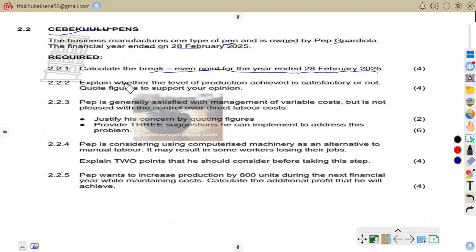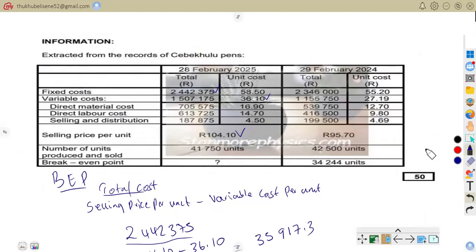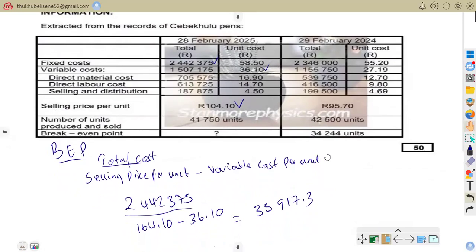2.2 says, explain whether the level of production achieved is satisfactory or not. Quote figures to support your opinion. Is it satisfactory or not? And we have to quote figures. So for us to quote figures, let us attend to our information. As we can look at the information we are given, you can see that the business produces 41,750 units.